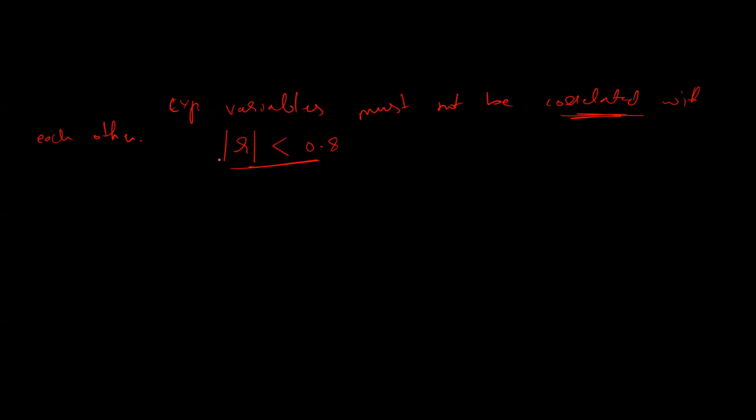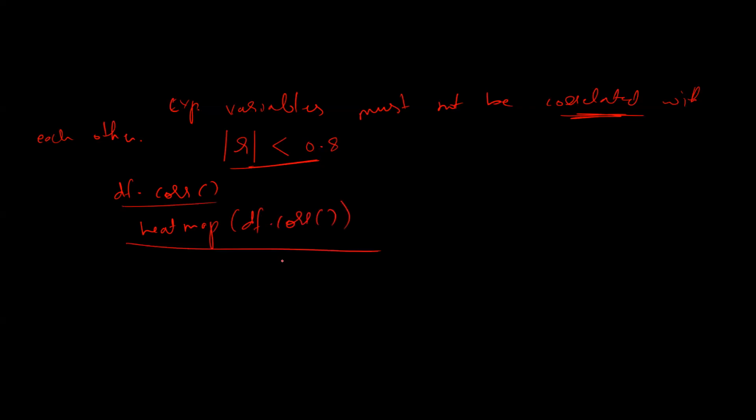Any guesses? To find the R value, sir. To find the correlation, yes. I use df.corr, or a heat map of df.corr, correct? Basically, this assumption doesn't talk about your target variable.